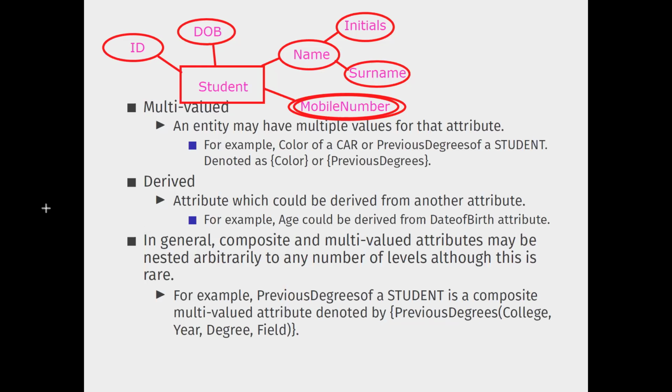Okay, derived attribute. Sometimes some attributes can be derived. Derived means you can calculate values from some other attribute. For example, let's say age. If you know the date of birth, then you can calculate age, right? So then this becomes a derived value.